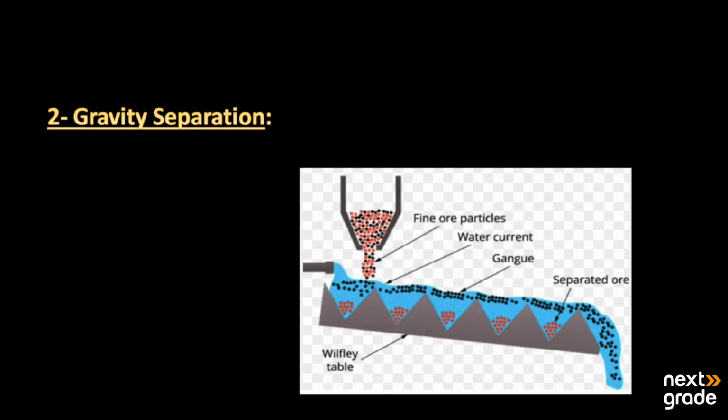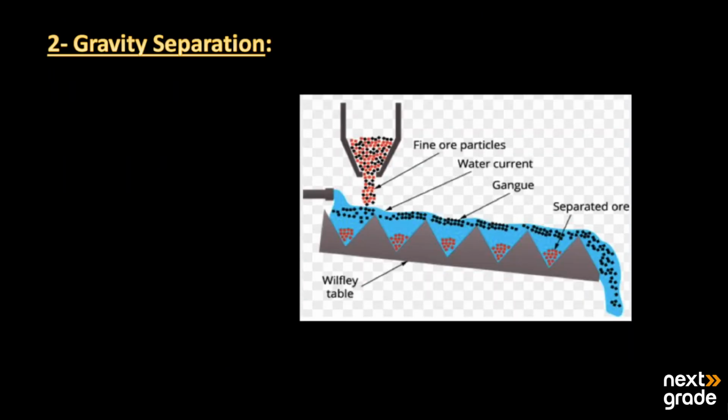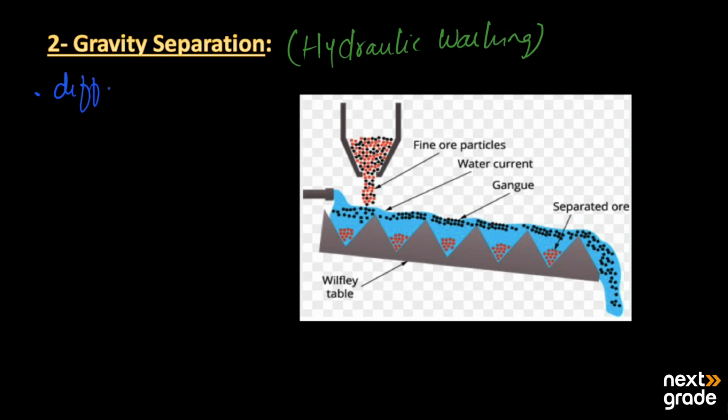The second method that we can use for the concentration of ore is known as gravity separation. That method is also known as hydraulic washing. What happens in this method is that we work on the difference of density.